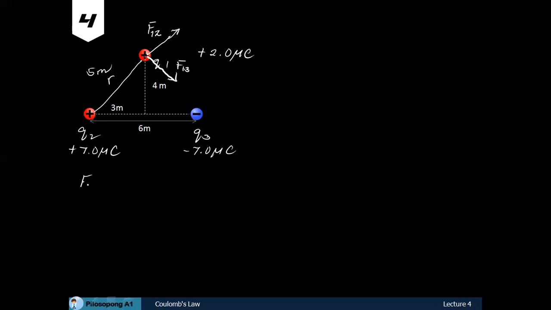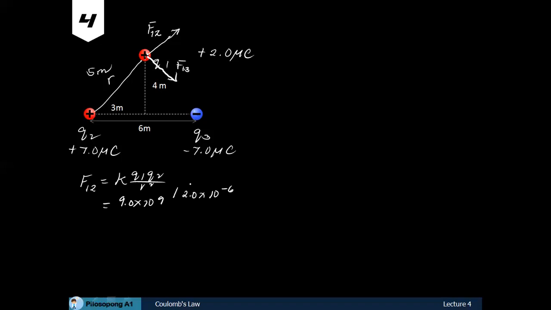So for F12, that is F12 is equal to k times Q1 times Q2 over r squared. Let's substitute the values. 9.0 times 10 raised to 9, multiplied by 2.0 times 10 raised to negative 6.